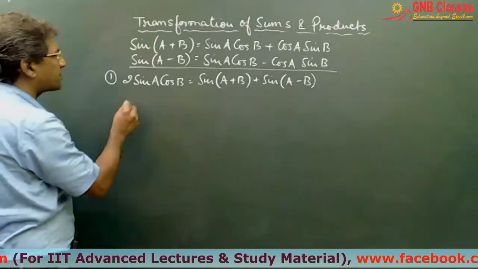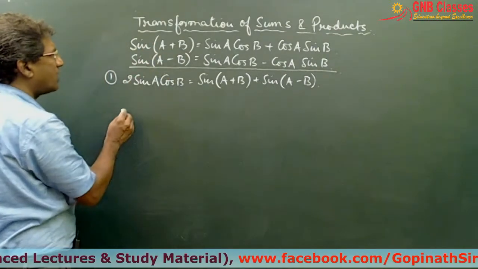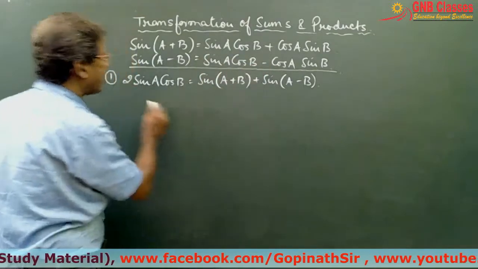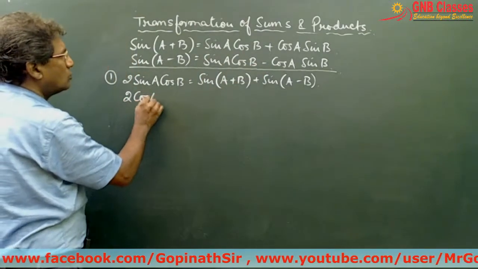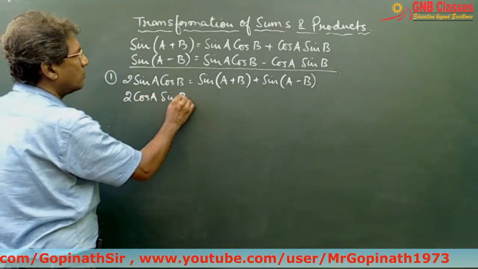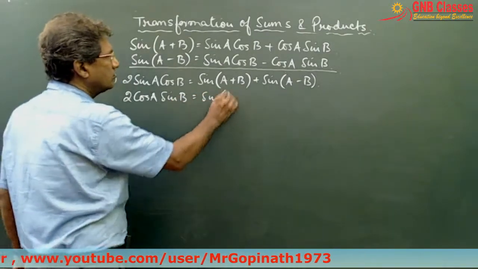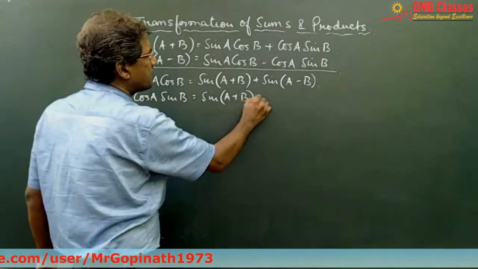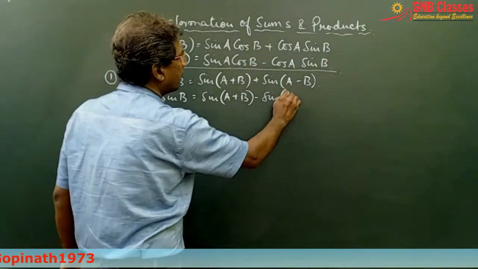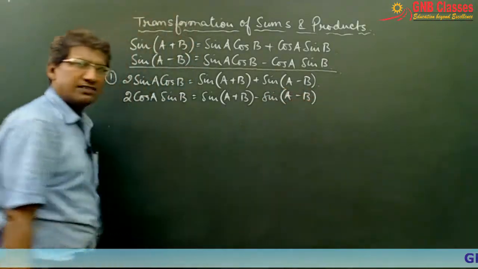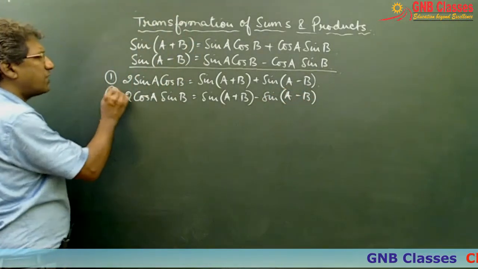Similarly, if we subtract equation 2 from equation 1, we are going to get in the right hand side 2 cos A sine B, which will give you sine A plus B minus sine A minus B. Is it clear? So these are the two formulae that we have to remember.